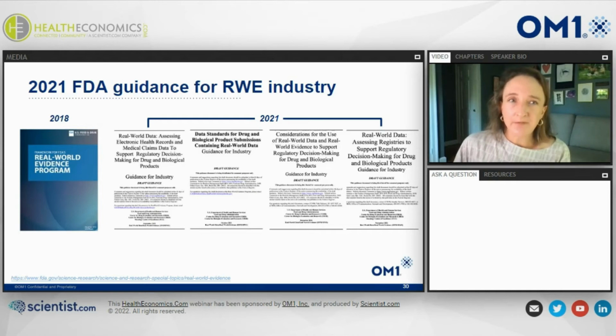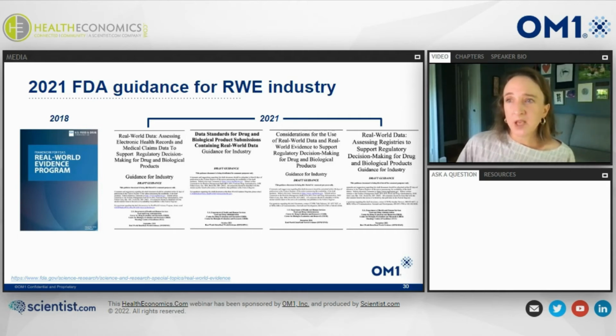In 2018, the FDA published this framework for their RWE program, but 2021 brought the arrival of 4 additional guidance documents for industry that offered much greater detail on standards for RWD from electronic health records and claims and registry data, as well as a guidance document on data standards, as well as considerations for design.